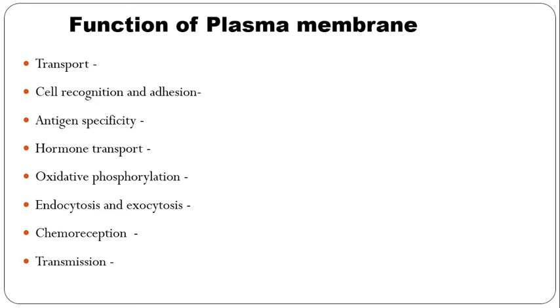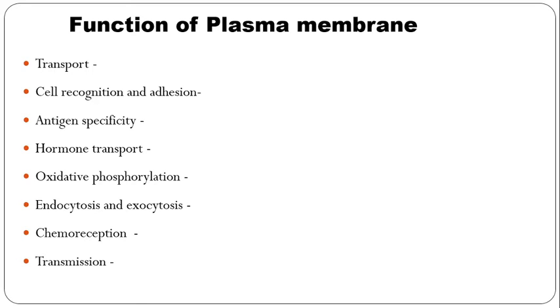Then endocytosis and exocytosis. There are two concepts, endo and exo. Endo is internal and exo is outer. In certain cells, endocytosis is an important activity in which material is transported into cells by the formation of vesicles, and it includes two processes, namely phagocytosis, the cell eating, and pinocytosis, the cell drinking.